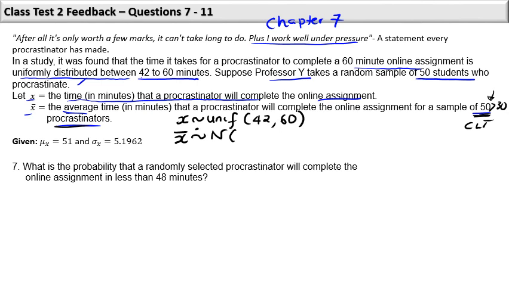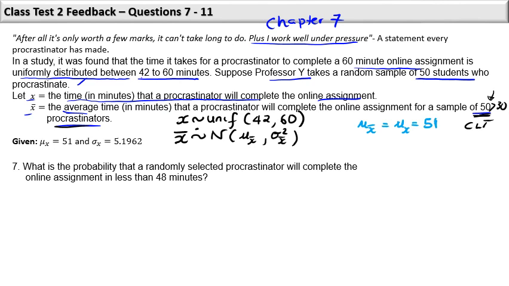distribution with the mean of X bar and the variance of X bar. Now the question is, what is the mean and the variance of X bar? You will recall from chapter 7 again that the mean of X bar, mu X bar, is equal to the mean of X. In this case, they've calculated it for us as 51.